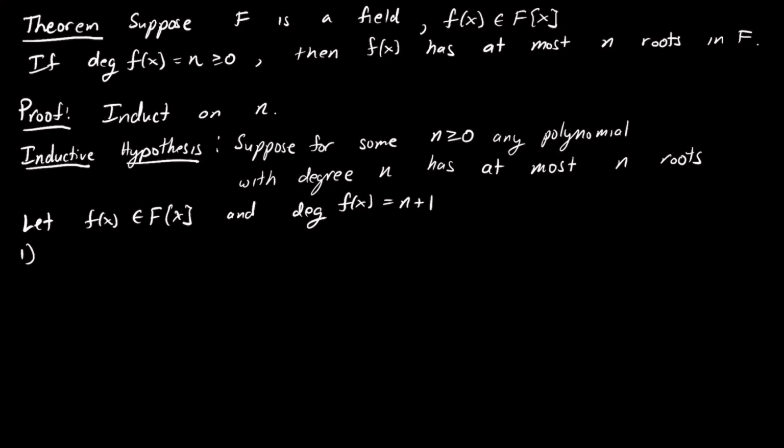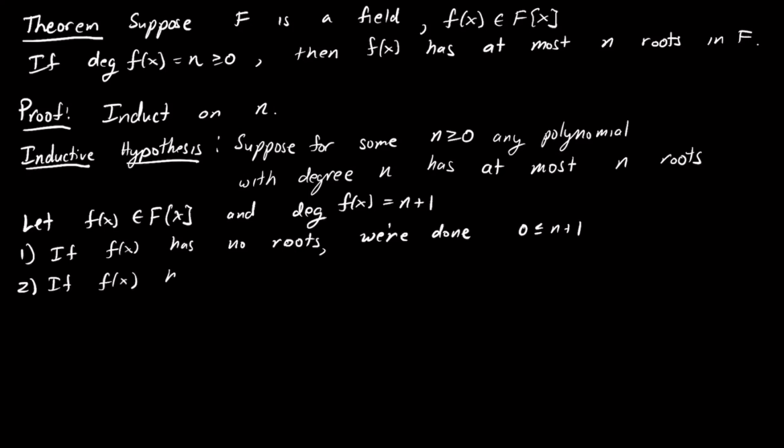One possibility is if f of x has no roots, well, then I'm done, right? If it has no roots, then that means it has 0 roots, and 0 is less than or equal to n plus 1. Great, we're done.